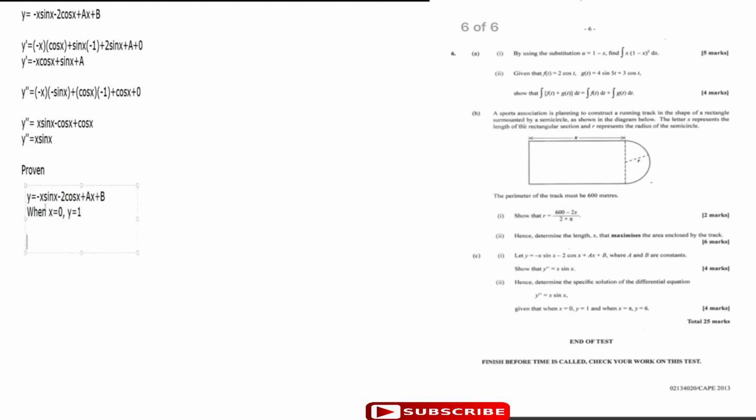What we're getting is 1 is equal to, x is 0, so that part works out to be 0, minus 2 times the cosine of 0, plus ax, but what is ax? A times 0, plus b.